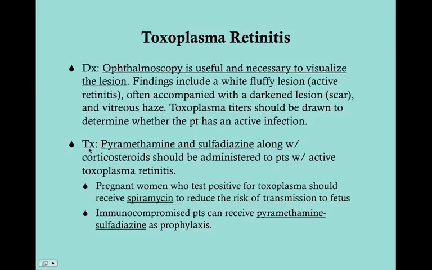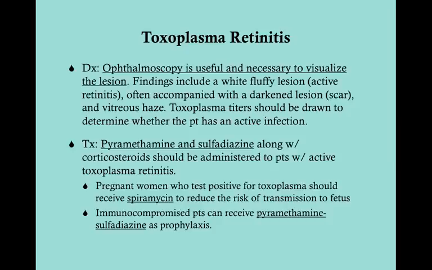For treatment, patients with acute toxoplasmosis are administered pyrimethamine and sulfadiazine. We'll also give them corticosteroids to reduce the inflammation. In addition to this, we also give them folinic acid. Pregnant women who test positive for Toxoplasma, and we always test pregnant women when they are diagnosed as pregnant, we always test them for Toxoplasma.